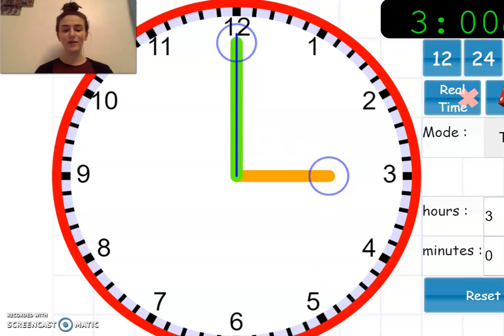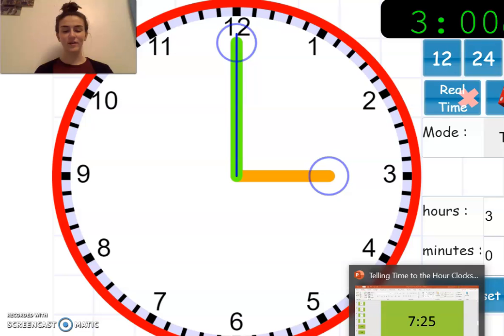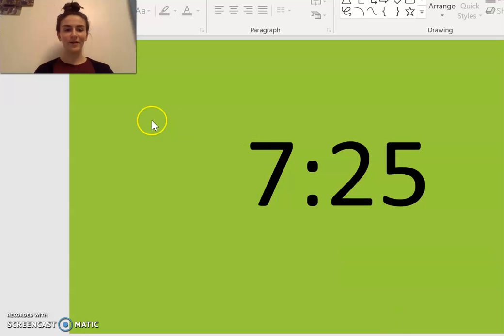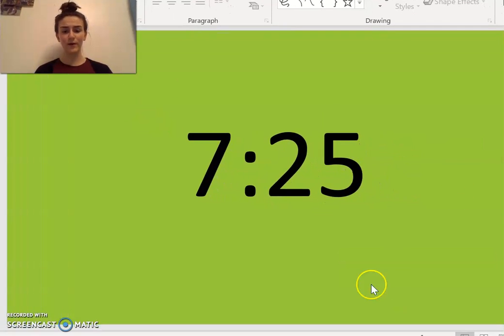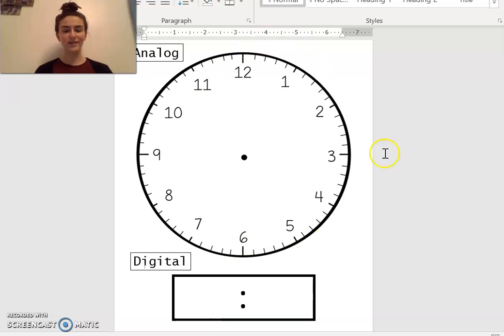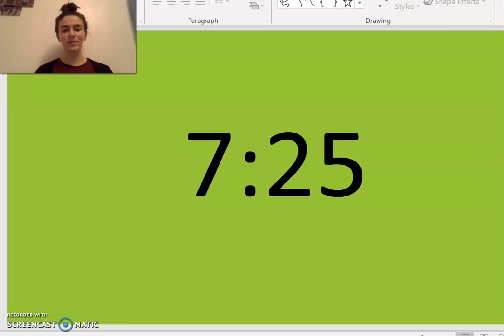All right, so I want you guys to try to do one here by yourself. With the same analog clocks that we were using before, I would like you guys to show me where is 7:25 on that clock. If you had to draw it on your clock, where would you draw 7:25? Where's your hour hand and where is your minute hand?